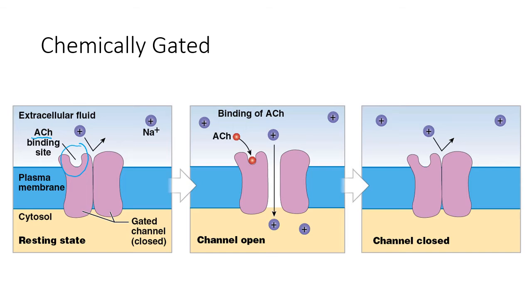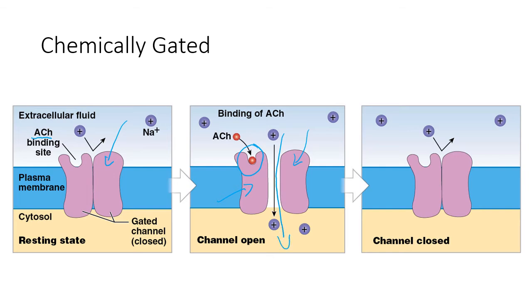And when acetylcholine is absent from that binding site, our gate remains closed. And so our chemically gated channel is closed when there's no acetylcholine there. But as soon as we put that acetylcholine into the receptor site, that causes a change in the shape of our receptor, of our gate here. Our gate opens up, and now sodium ions can come to the inside of the cell.